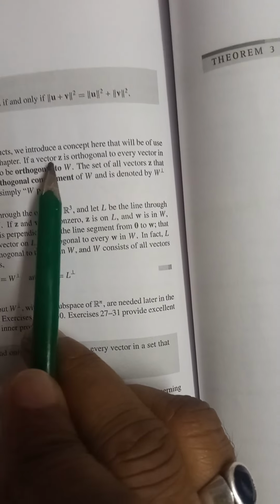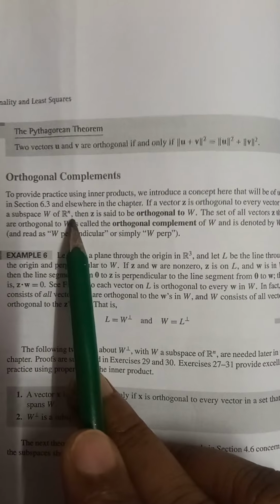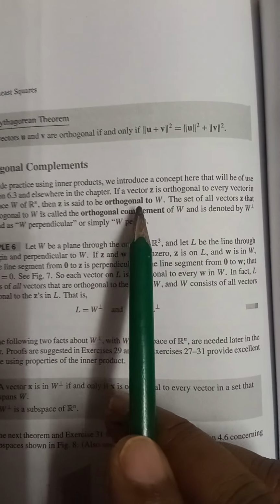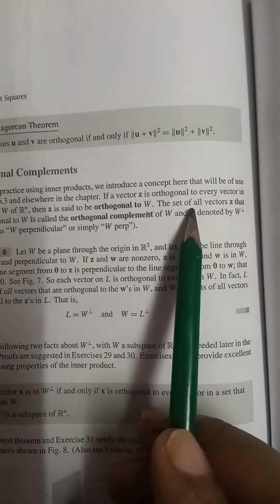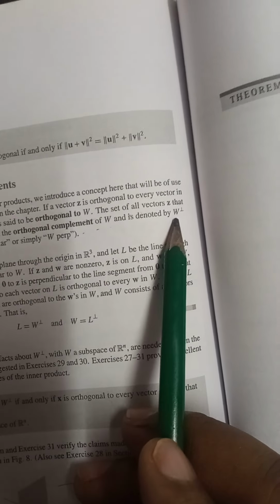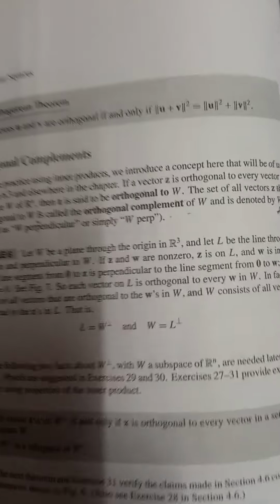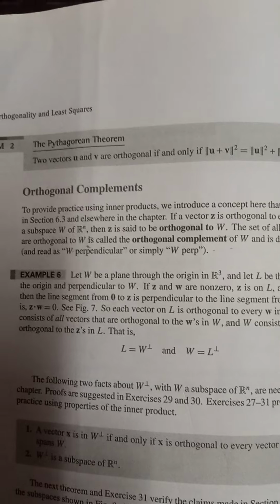If you want, you can read this sentence. If a vector Z is orthogonal to every vector in the subspace of R power n, then Z is said to be orthogonal to W. The set of all vectors Z that are orthogonal to W is called the orthogonal complement of W, and it is denoted by W to the power of perpendicular symbol, W perp.